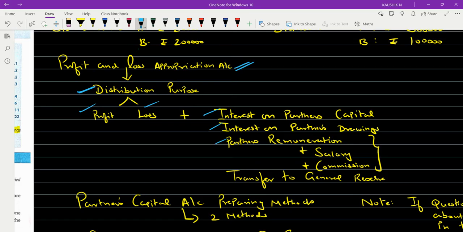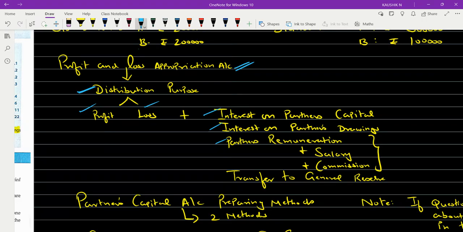Remuneration consists of these two items: salary and commission. So a partner will be eligible to earn a particular amount as salary or as commission. In some rare scenarios, an individual partner will be allowed to earn both salary as well as commission.